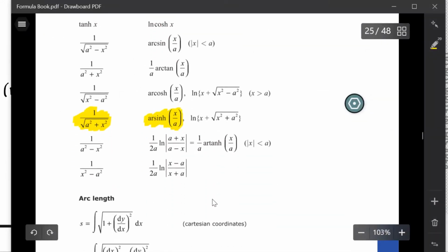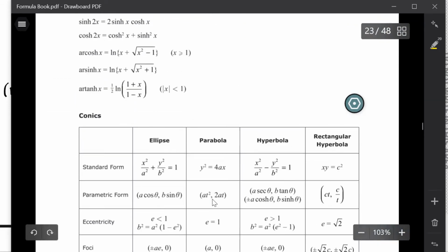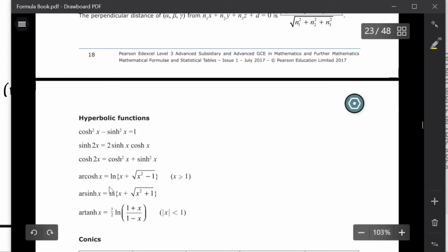And if you go to the formula book, somewhere in the formula book, the inverse sine is given here. The inverse sine of x is equal to the natural log of x plus the square root of x squared plus 1.